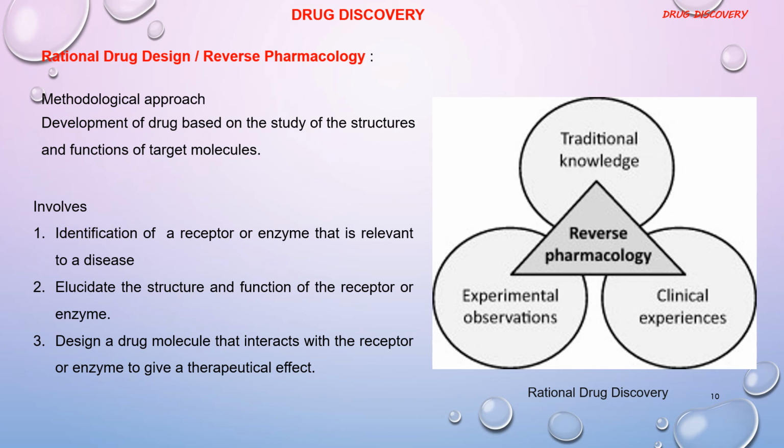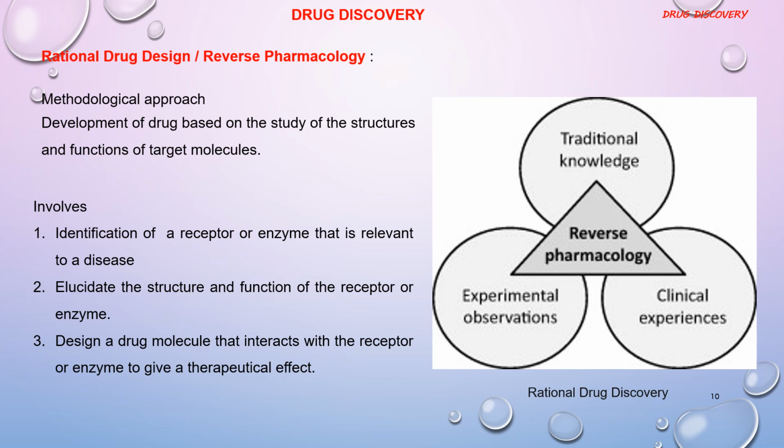The rational drug designing method is a methodological approach. It is a transdisciplinary approach of integrating traditional knowledge, experimental observation, and clinical experience. Here, development of the drug is based upon hypothesis.